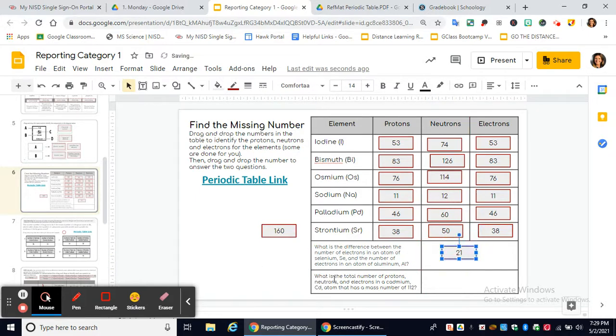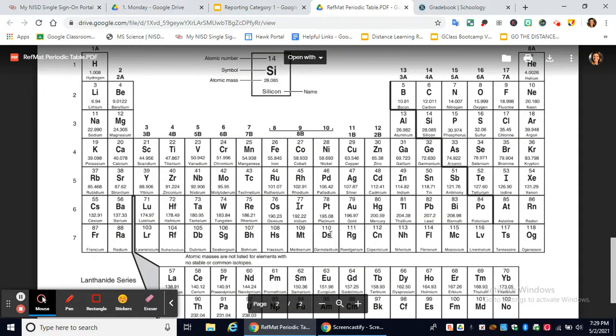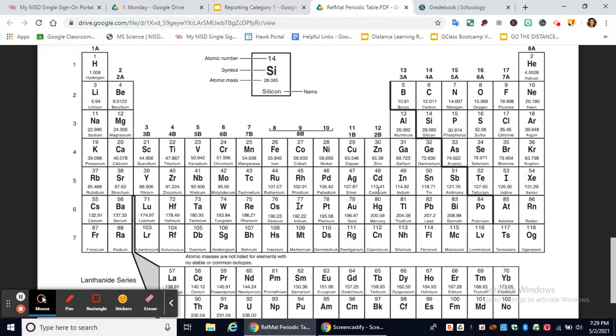And then lastly, it says, what is the total number of protons, neutrons, and electrons for cadmium, Cd, an atom that has a mass number of 112? So let's go find cadmium with a mass of 112. Here it is. So my protons and my electrons are both 48. So I want to take 48 plus 48. That's going to be 96.